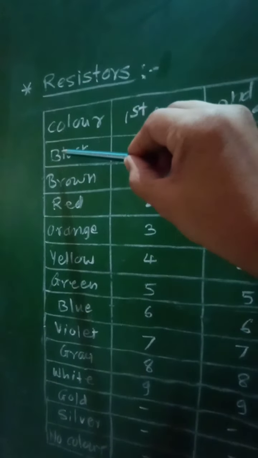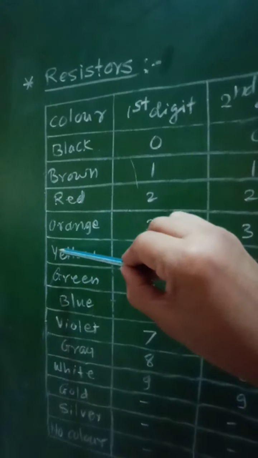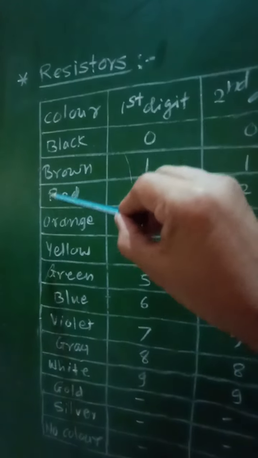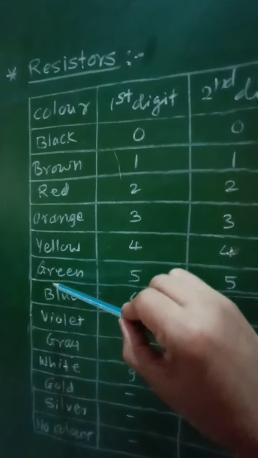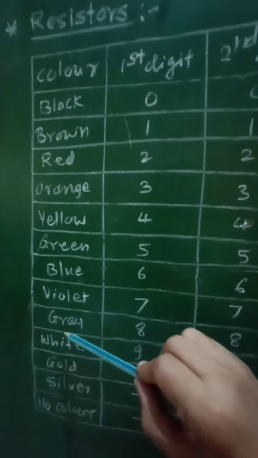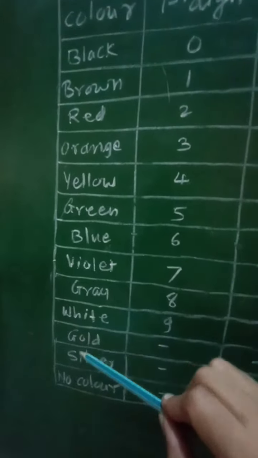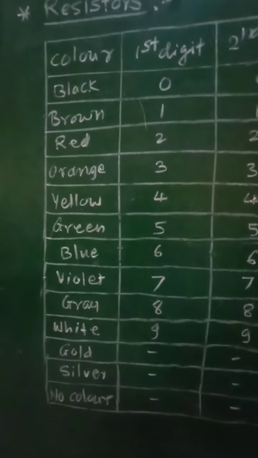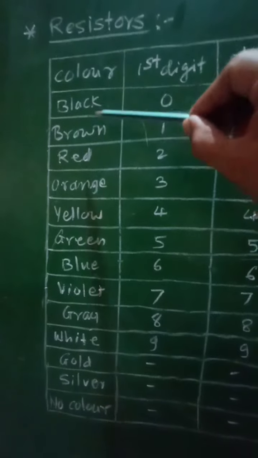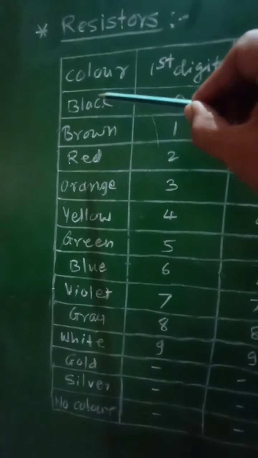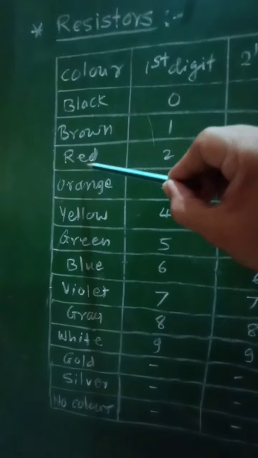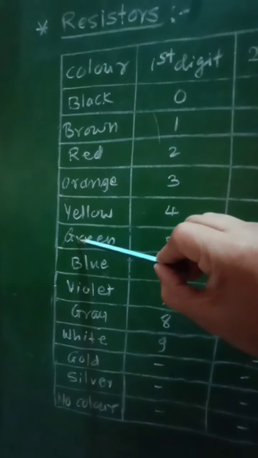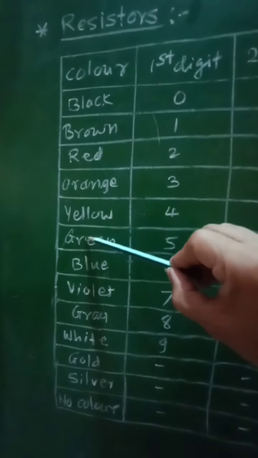The initial letters from all the colors will be considered, that is B, B, R, O, Y, G, B, F, G, W, then G, S and N. All these initial letters will be considered, and therefore one statement will be written there as B.B. Roy, that is R, O, Y.